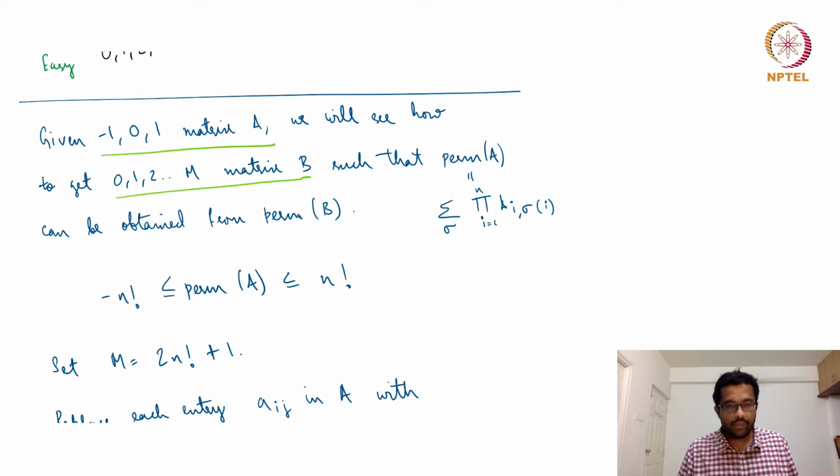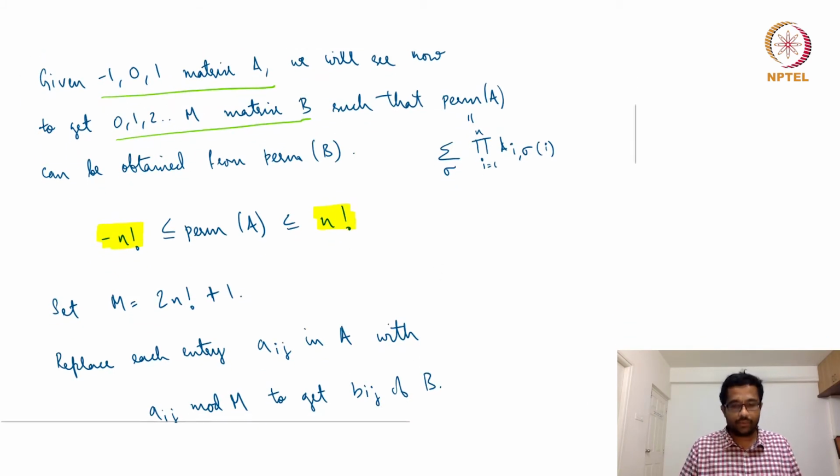There are n factorial terms, and some of them could be 0. The maximum is when all the terms turn out to be +1, which is n factorial, and the smallest is when all the terms turn out to be -1, which is -n factorial.